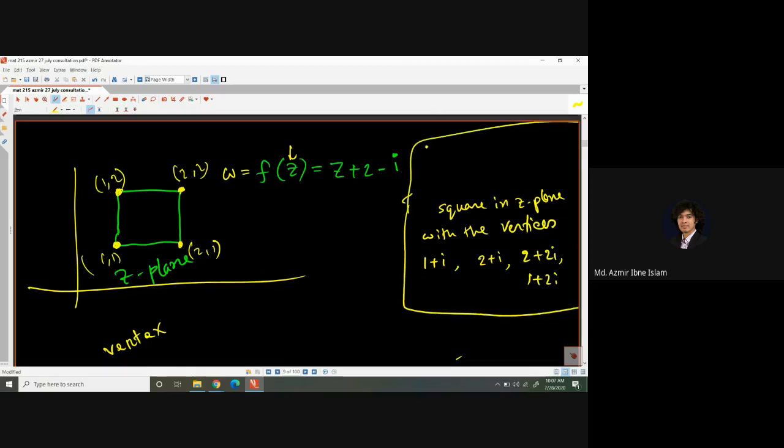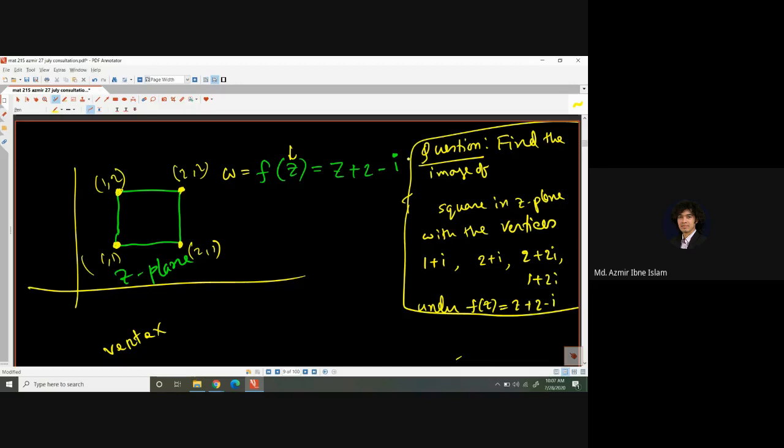So now the question is: find the image of all points forming a square in the z plane with the vertices 1 plus i, 2 plus i, 2 plus 2i, 1 plus 2i, under the mapping f of z equal to z plus 2i.